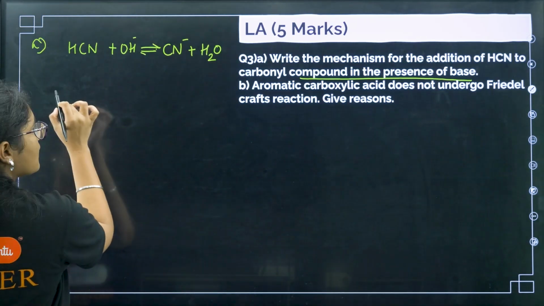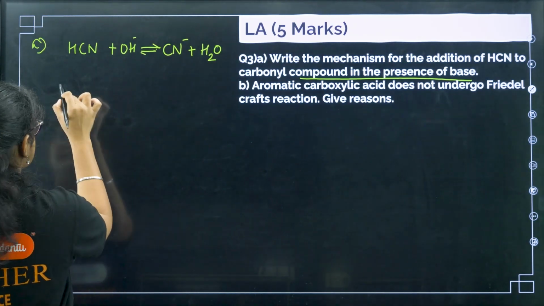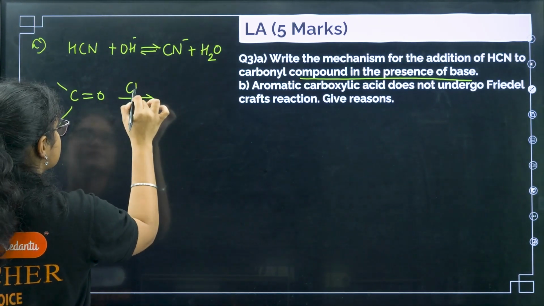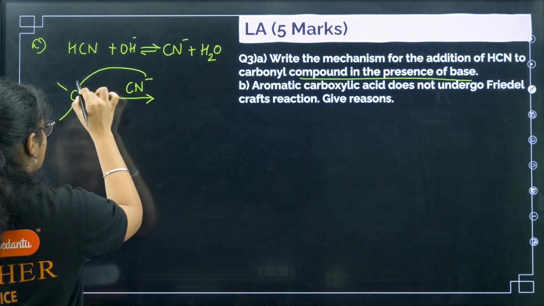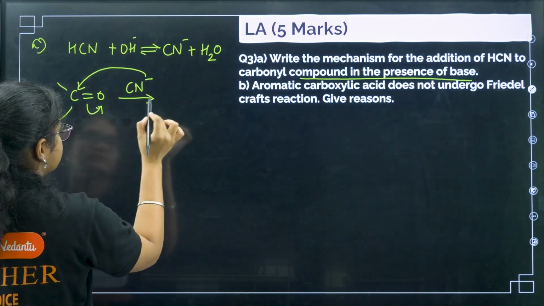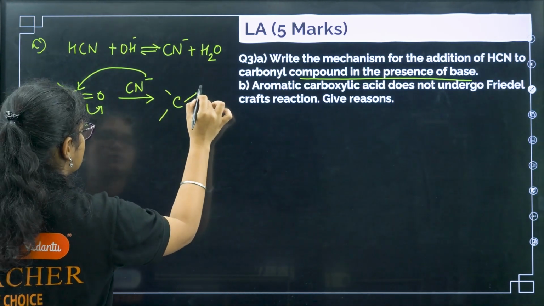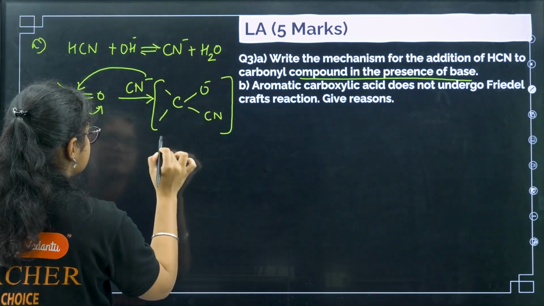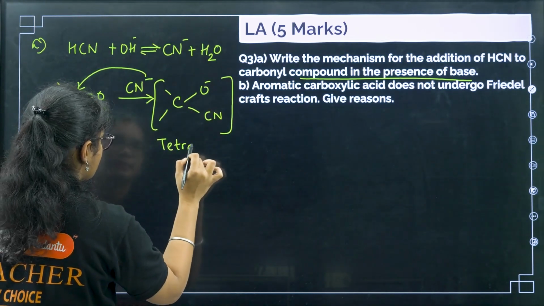Now any carbonyl compound is there, they have mentioned just carbonyl compound, so you need to write like this. So what will happen? This CN minus can now attack on this one and this bond will shift here. So we will get like this, O minus and CN. This is the tetrahedral structure.